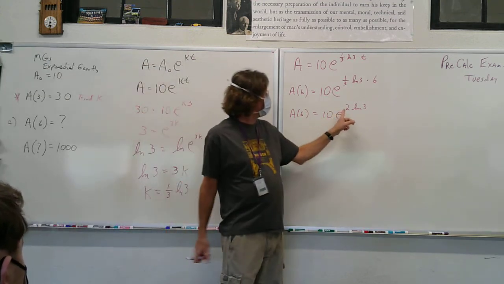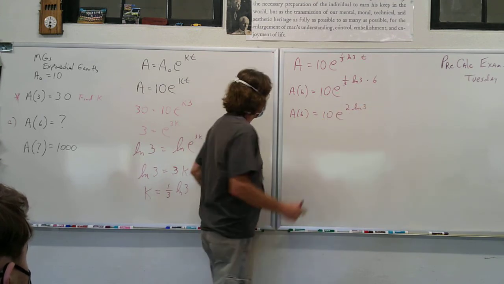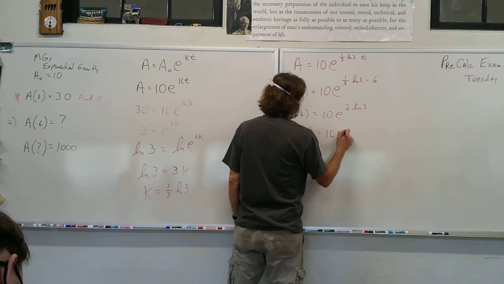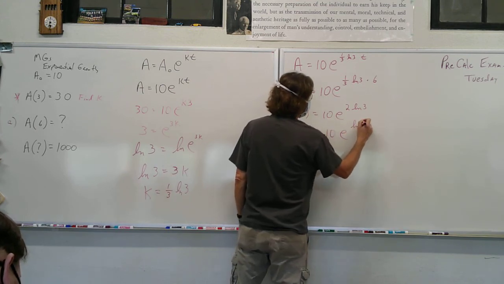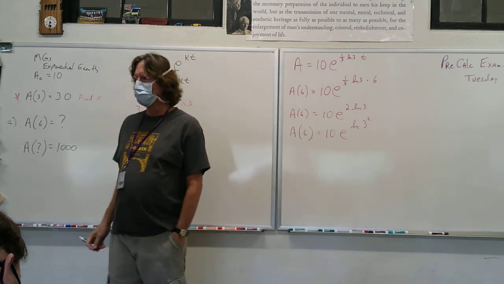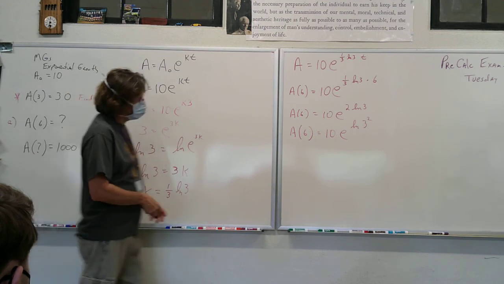Did y'all remember there's a rule where you can bring that 2 back in here and make it a power? This is the reason if you don't use a calculator, you can still work all this. If you're doing this with decimals in your calculator, you're still going to be good. It's just not as easy.